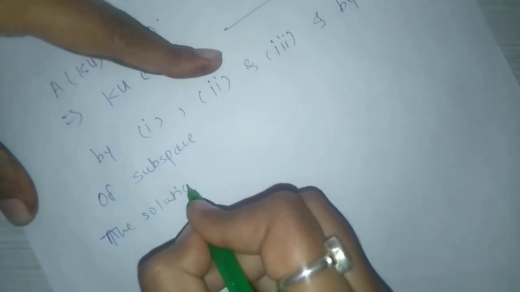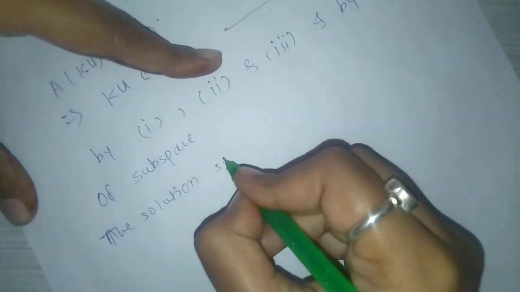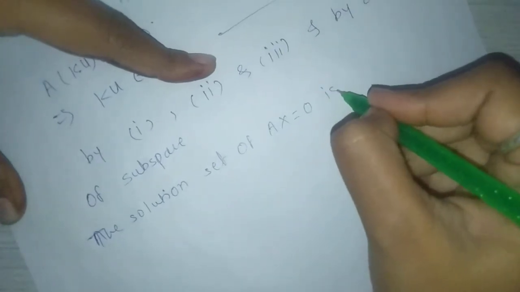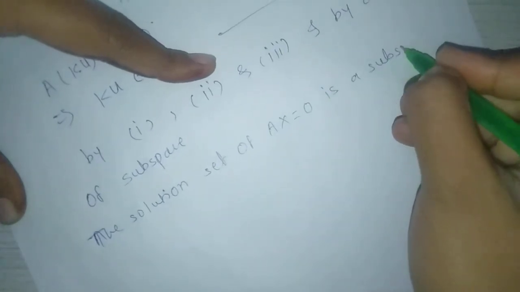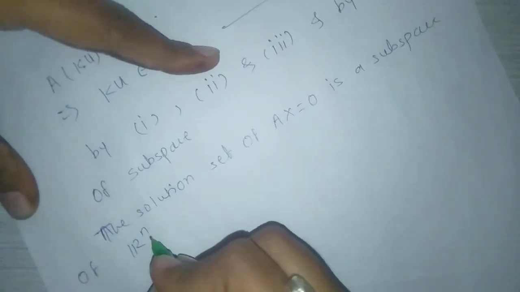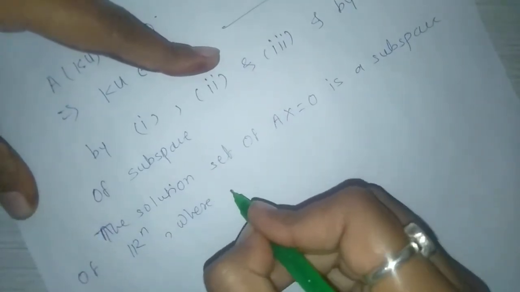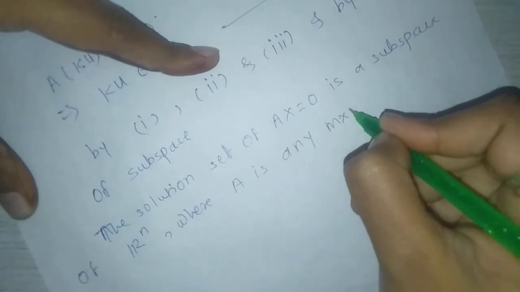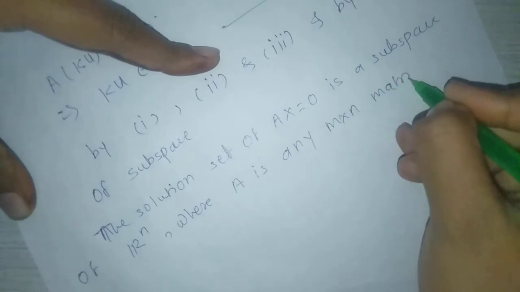The solution set of A into x equal to 0 is a subspace of Rn, where A is any m by n matrix.